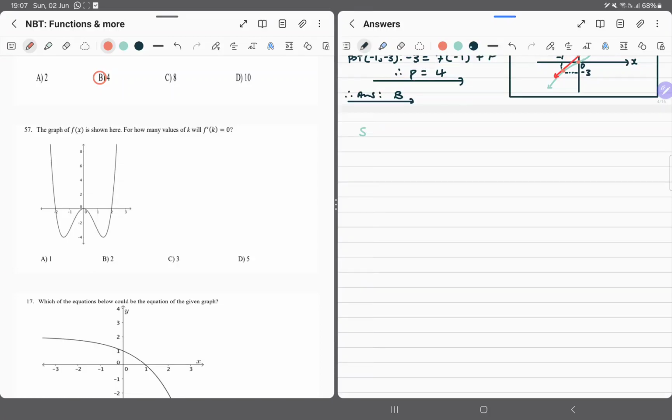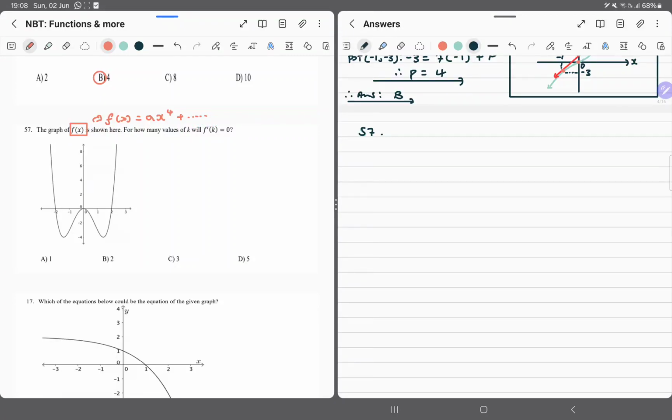So 57. We are given here the graph of function f, right? So you can see this looks like a W. So once it looks like a W, we know this is a quartic function, meaning the highest degree power here is, we can say, ax to the exponent 4 plus some other terms.